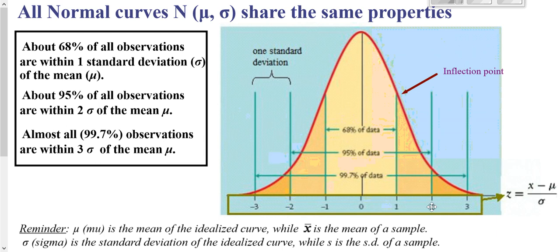Or if you go 3 each side, that's 99.7% of the data. If you take stats, you'll end up dealing with that a lot. Now, at 1 standard deviation is your inflection point. And if you were to take calculus at some point, that will tie in to what you're dealing with in calc.